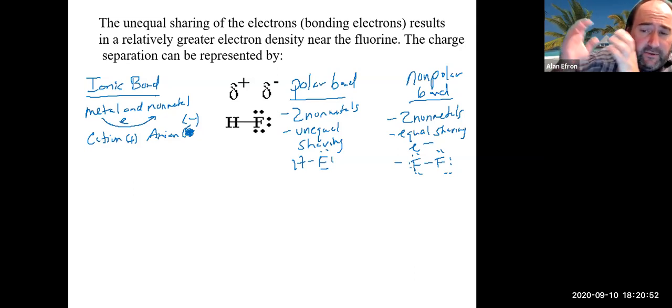And lastly, in the middle, we have two nonmetals that have similar properties. They're still going to share their electrons. They're not so dissimilar that electrons transfer. They're still hanging in there in terms of sharing, but the sharing is unequal in that particular case.